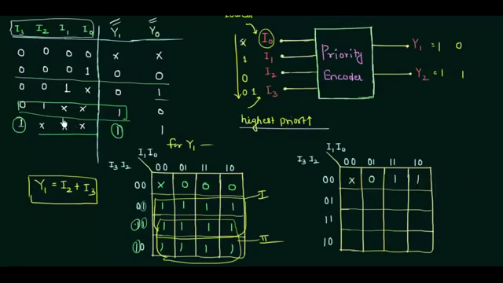And when I2 is 1, for these two rows I2 is 1, the value of Y0 is 0, so 0 0 0, and again 0 for this row, and for the last case when I3 is 1, the output is 1. So I will put 1 1 1 1.